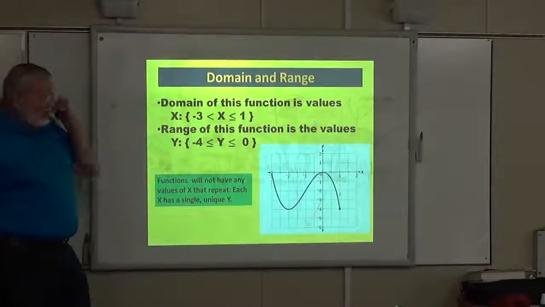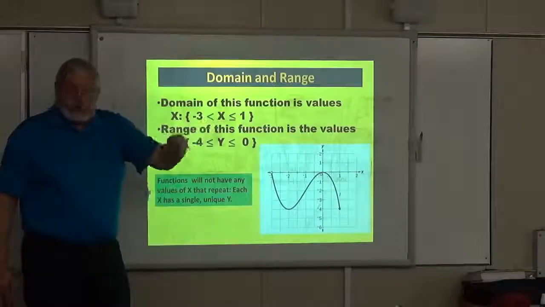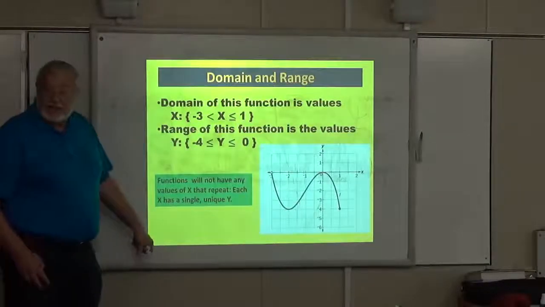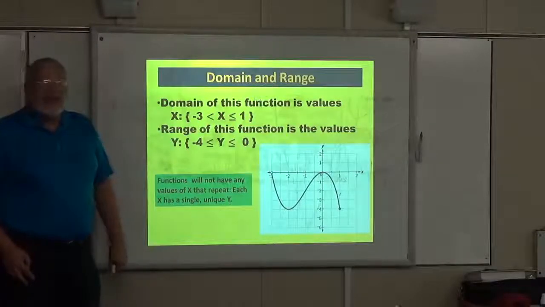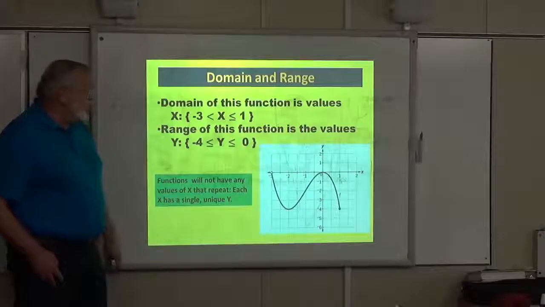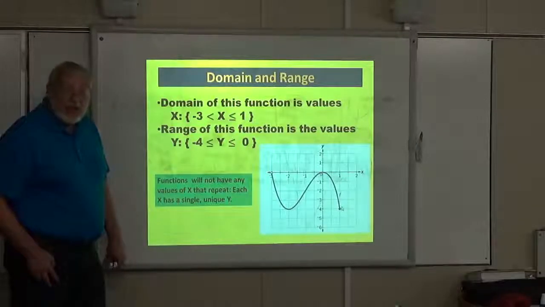Okay, remember I just said that the two ways to do a function: one is to give you a set of points, the other is to give you a graph. Now, tell me about the domain of this graph. The domain has a high value of 1, and you see the solid point, so it is less than or equal to 1. And what about here?